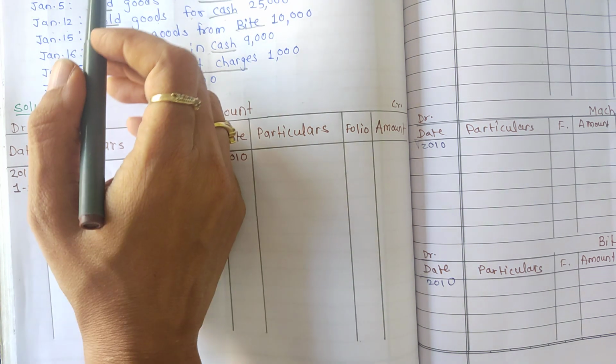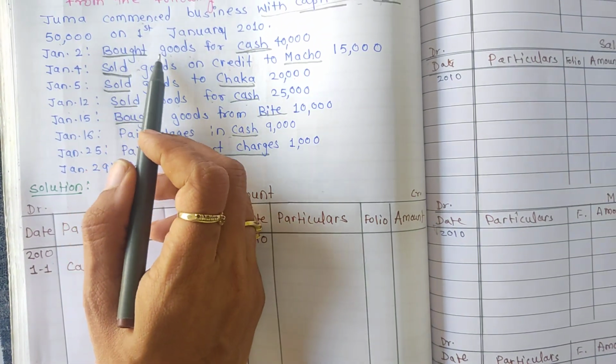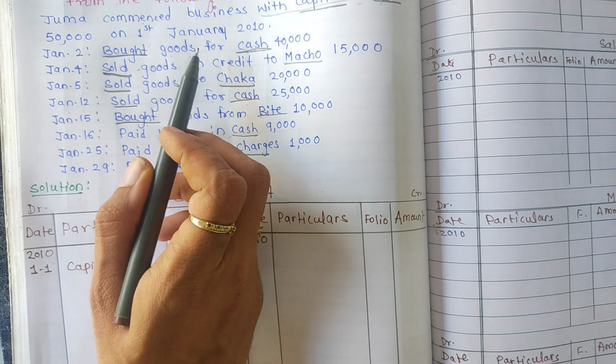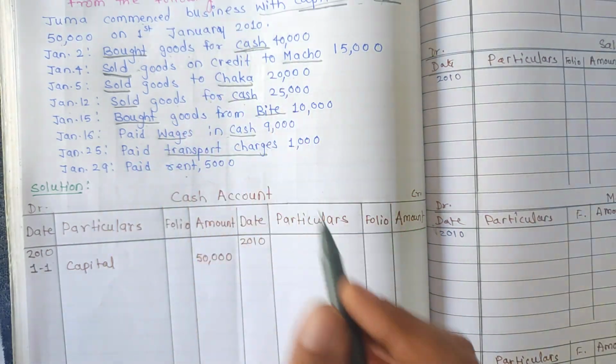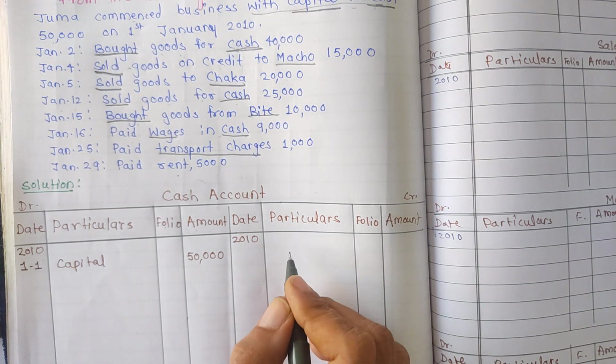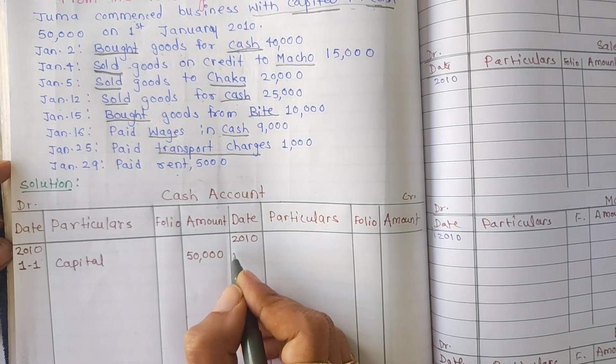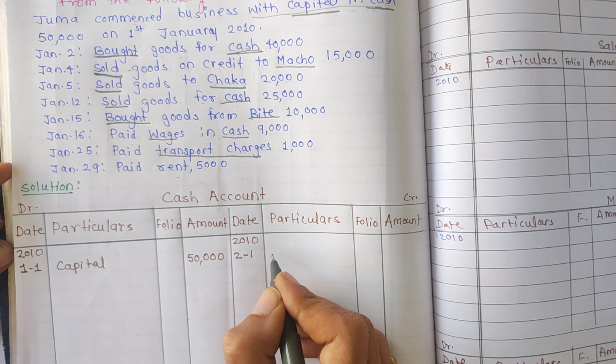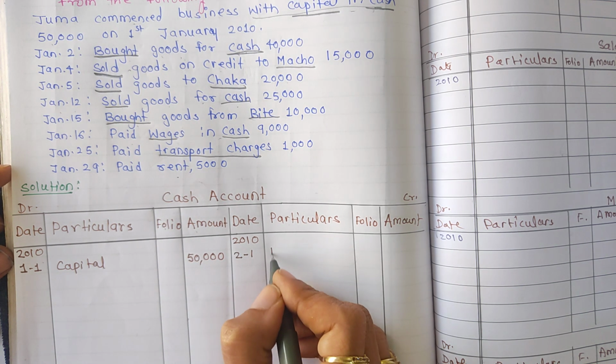Now the second transaction is January 2, bought goods for cash. Bought goods for cash means cash is going out of the business. Cash is going means you have to write down the cash account on the credit side. What is the date given? 2nd January. Here you will write down for what purpose cash is going: for purchases.